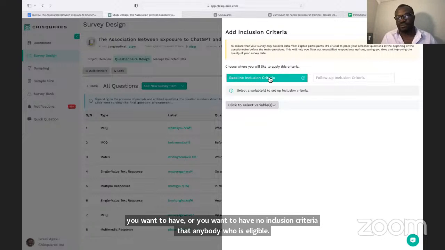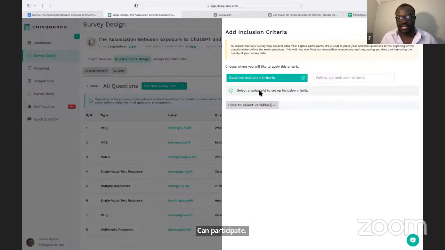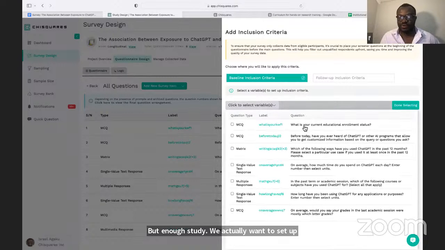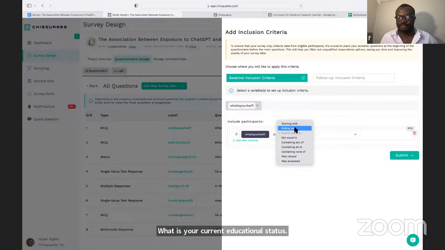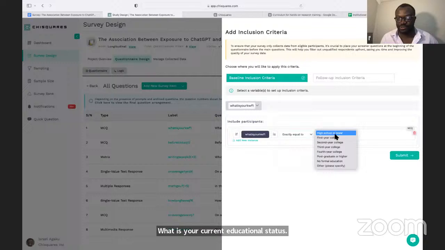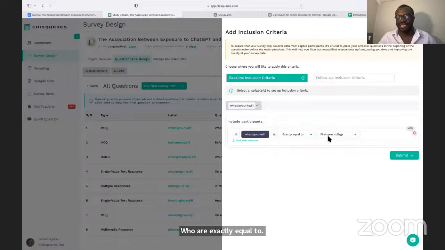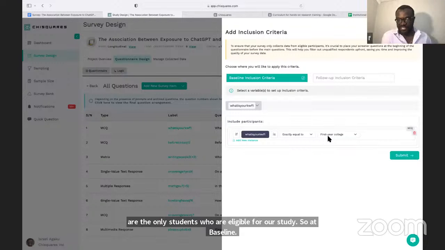But in our study, we actually want to set up inclusion criteria for baseline. So let's select the question. What is your current educational status? We are only including individuals who are exactly equal to first-year college students. Those are the only students who are eligible for our study. So at baseline, you must have been in first year.